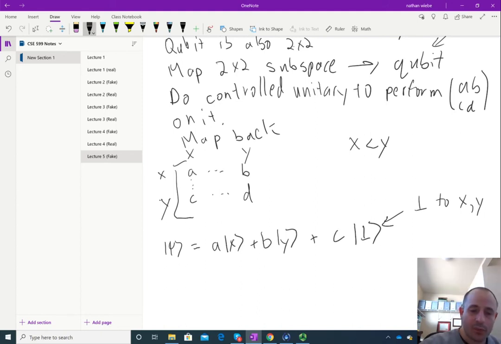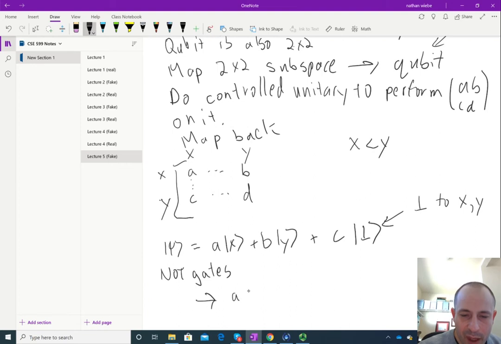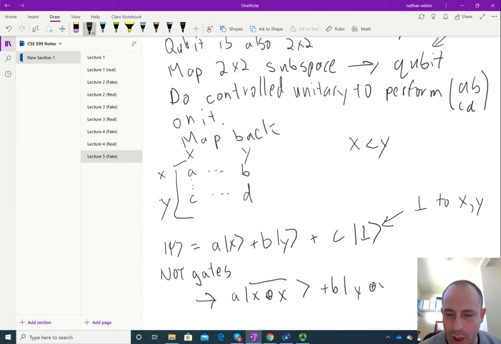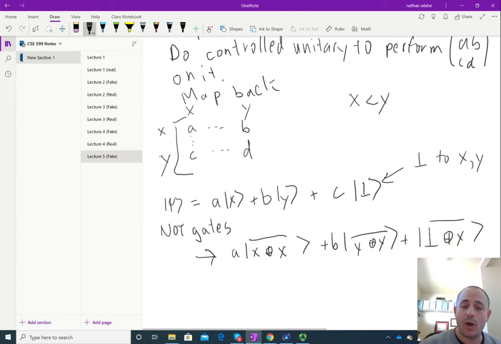Now we're going to do the following set of transformations. First, we apply a bunch of NOT gates to map this to A, X exclusive OR X, all not, plus B, Y exclusive OR X, all not, plus whatever these perpendicular vectors are, exclusive OR X, all not.